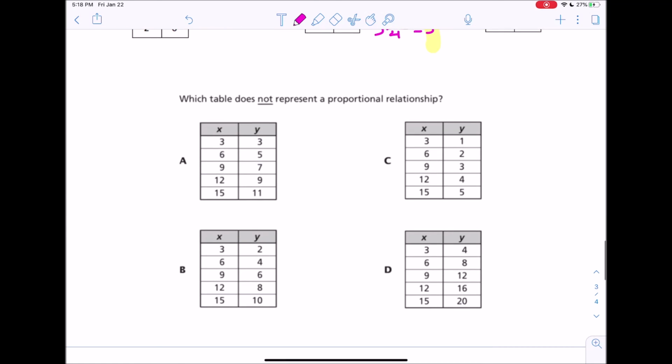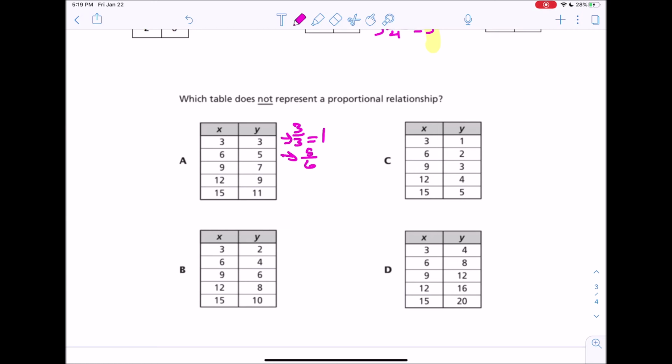Okay, and last but not least, which table does not represent a proportional relationship? Okay, so now we have to find one that doesn't work. So, for A, 3 divided by 3 equals 1. Okay. 5 divided by 6.